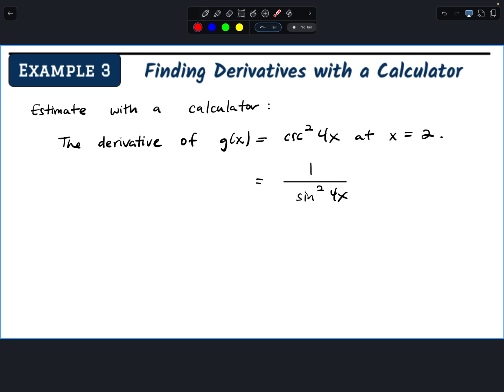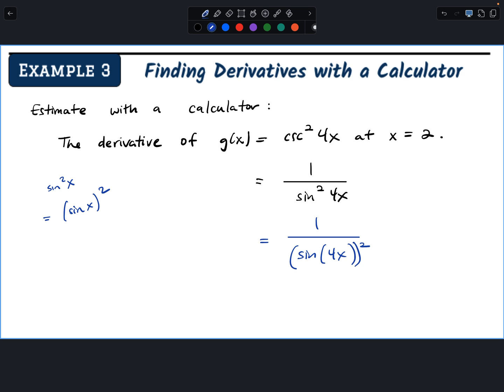So understand, guys, that whenever it's like sine squared x, that really means sine of x squared. Does that make sense? Because we write the power before the argument when we talk about trig. The power usually goes in between. Do you guys know what I'm talking about? So what this really means is 1 over the sine of 4x, all of that squared. That's how you would type it in to your calculator.